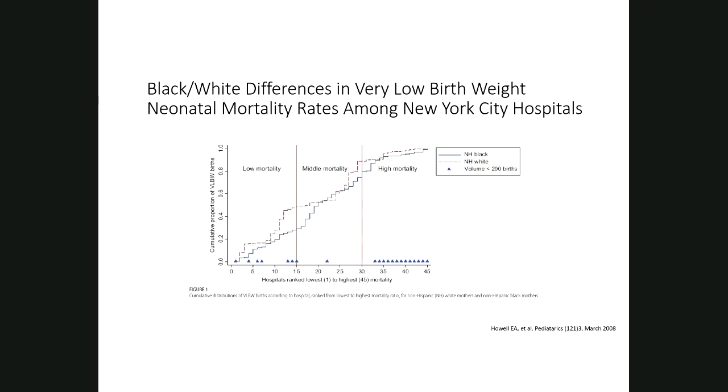You'll see that very low birth weight babies were more likely to be born in the lower mortality tertile if they were white babies, compared to Black babies who are more likely to be born in the highest mortality tertile. I don't know if the pointer shows up on this or not, but nearly 50% of white babies are born in this lower mortality tertile, whereas only about 29% of African American babies are.